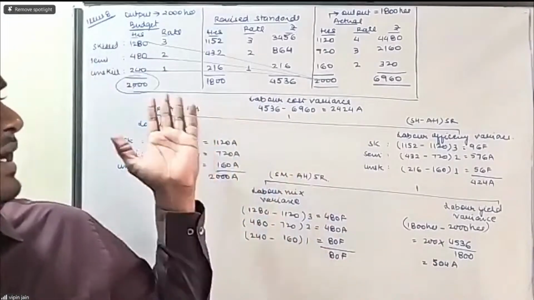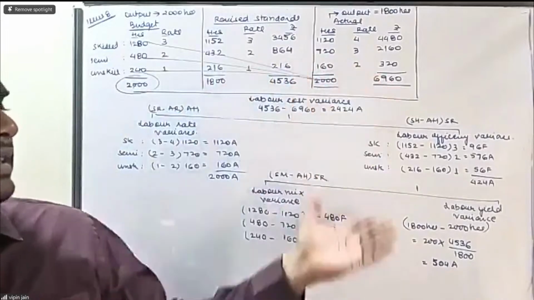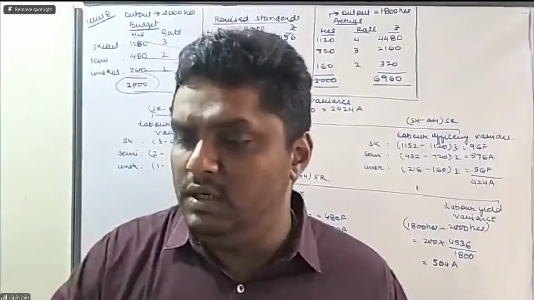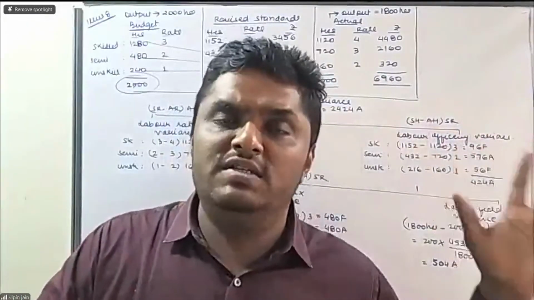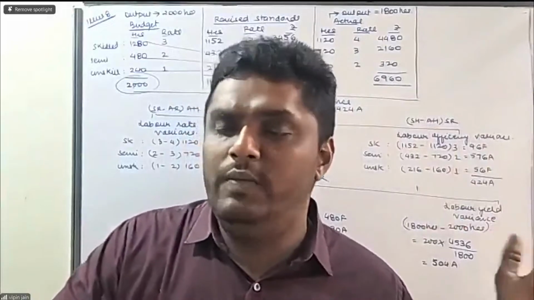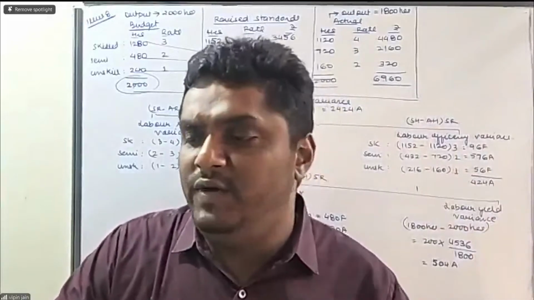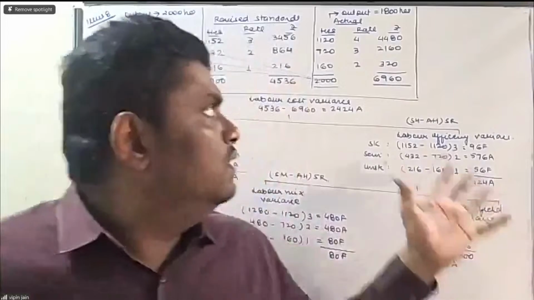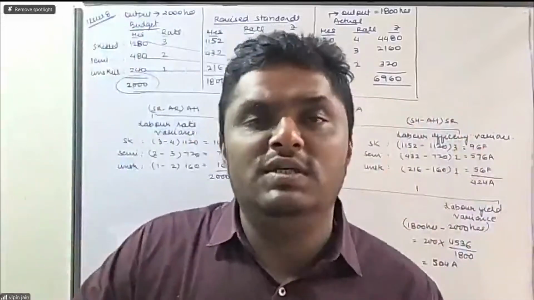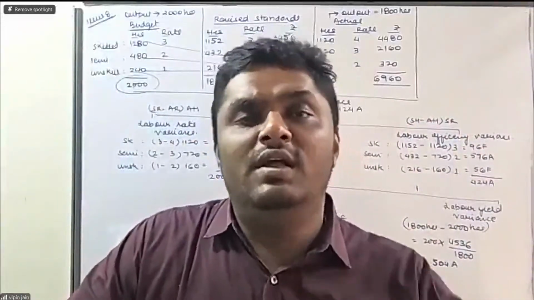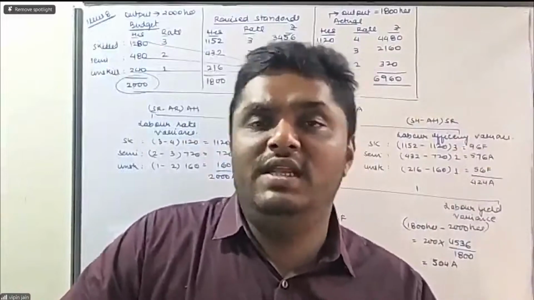I request you guys to at least copy this master chart and the solution. In fact, if you want to copy the solution, but do copy this master chart, because the pattern of solving the question in the study material is a bit different. We are following the standard procedure to solve the question, the same procedure right from material variances till now.